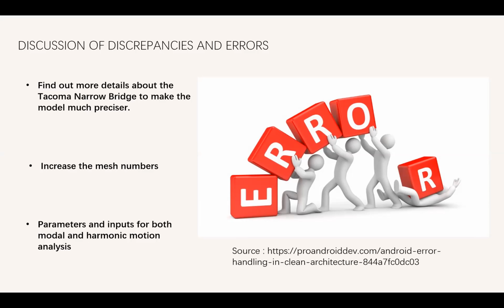In this case, we are using the student version of ANSYS, which means we have really limited mesh numbers for the finite element method. The finite element method is just an approximation based on the number of segments you have. So if we have a larger number of mesh elements, we could have a much more accurate result, I believe.